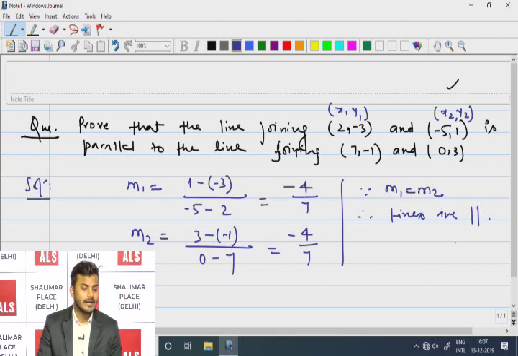Right? Suppose if we get m1 into m2 equals minus 1, that means they are perpendicular, and that is my next question.